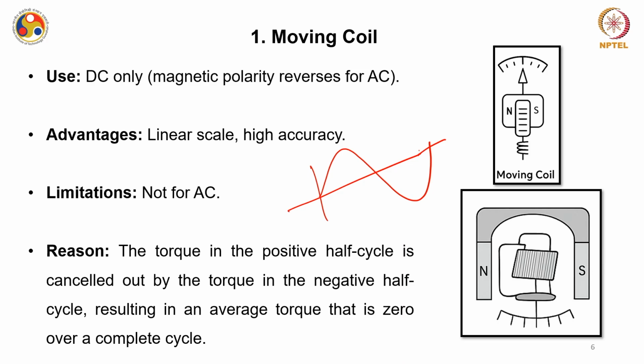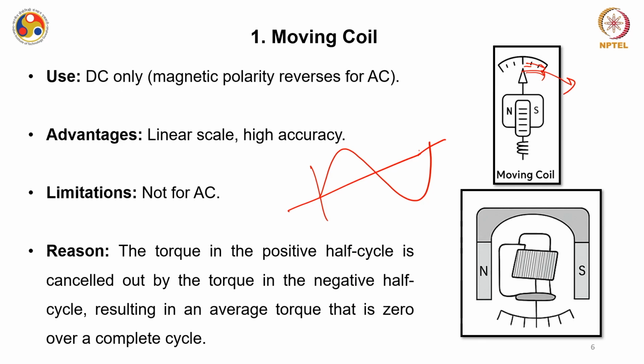So there is no such movement recorded for AC voltage. You can also understand this from the perspective of the pointer's movement. Say you have applied a certain current, because of which there is a magnetic field and a force, and because of that there is a torque, and this pointer is moving.